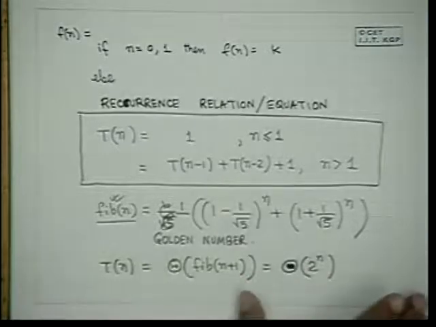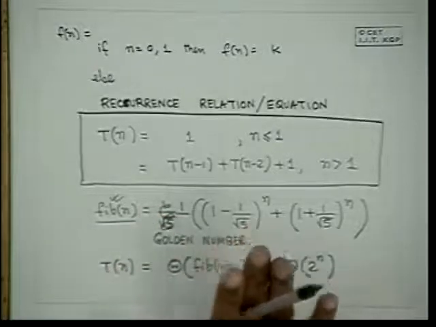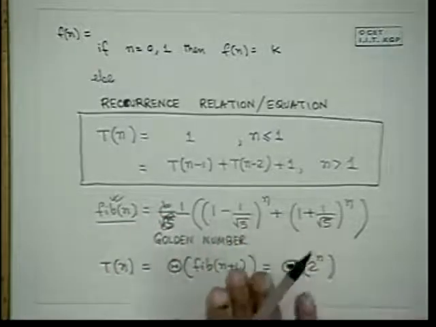Is that idea clear? That the solutions to recursive definitions, or the asymptotic time complexity of recursive functions or inductive definitions, can be obtained by solving certain recurrence relations. And we've already got several such problems at our hand, and we'll see one of them.